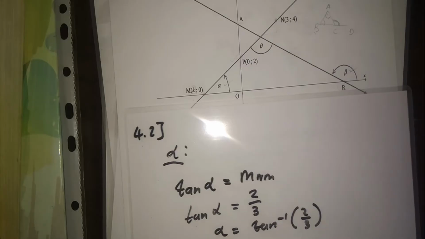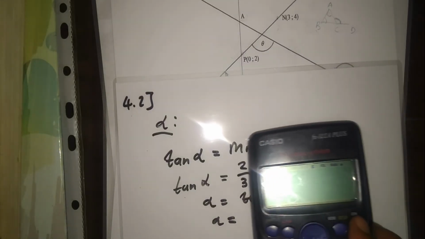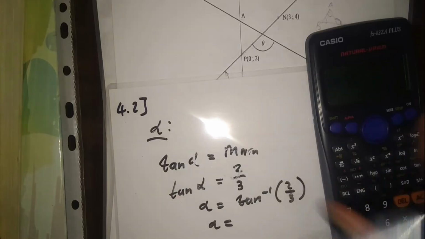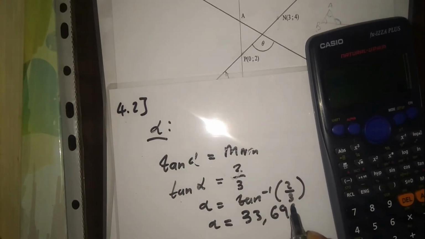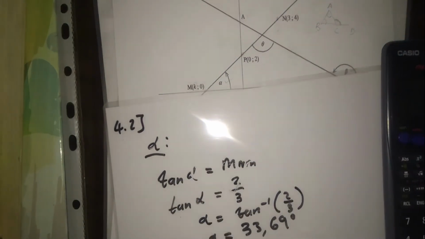So as you punch it into the calculator sibone. Alpha is equal to shift arctan 2/3 equal to, so in 2 decimal places uyithola as 33.69 degrees.